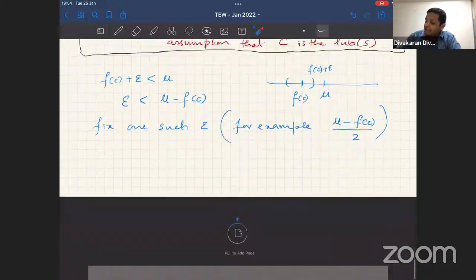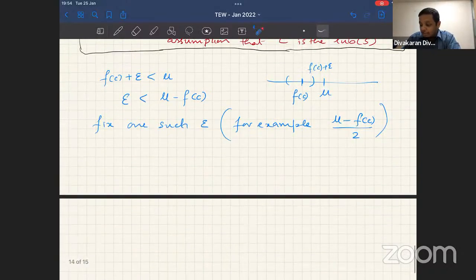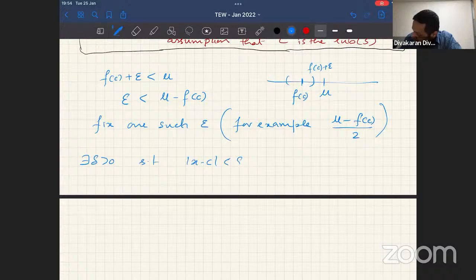As soon as we take such an epsilon, what does continuity say? Continuity says that there exists some delta greater than 0 such that if mod of x minus c is less than delta, then mod of f of x minus f of c is less than epsilon.